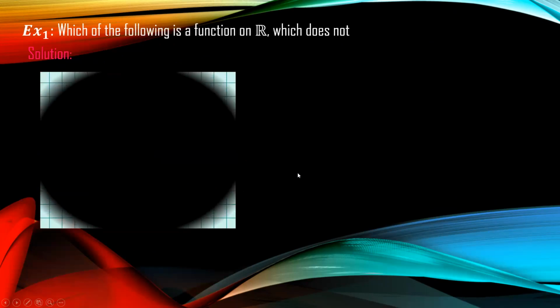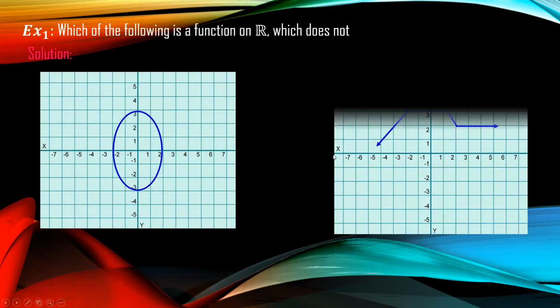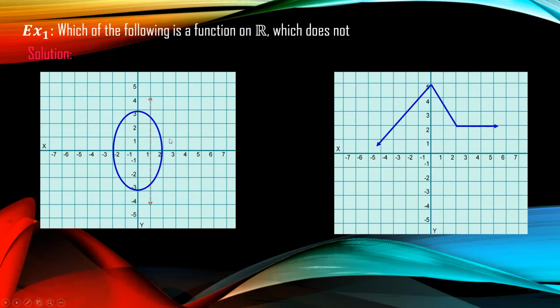Example number one: which of the following is a function on R, and which is not? This is not a function because if we draw a vertical line test, it will intersect the curve at 2 points. But this curve represents a function because the vertical line test intersects the curve at 1 point.